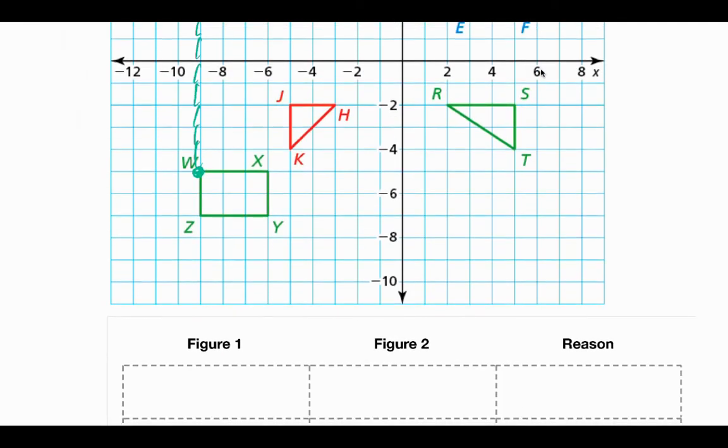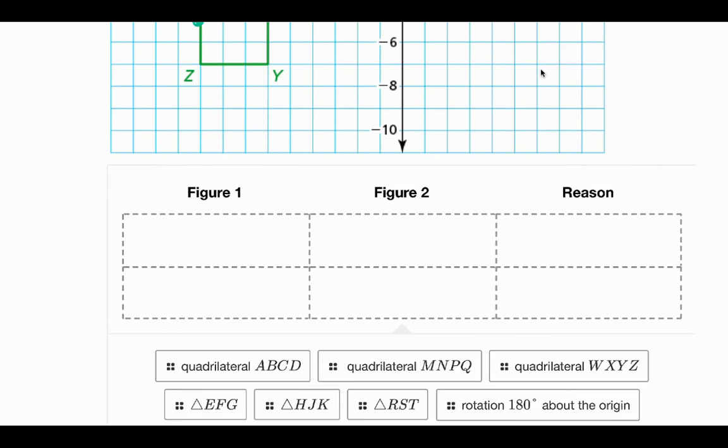So we would be able to drag and drop, ladies and gentlemen. I'll have to write it here for you. So we would be able to say that quadrilateral ABCD is figure 1. The second one is quadrilateral, because again, we're looking at the congruent ones, W, X, Y, Z. And what we just did was a translation.